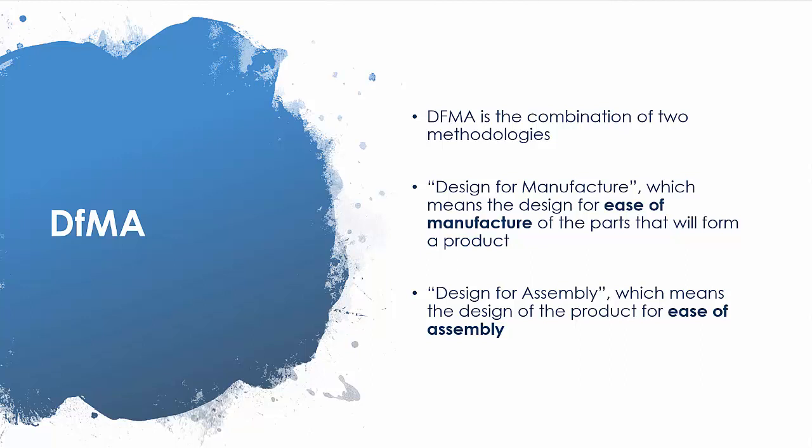So the design team also needs to think ahead as to whether what they've designed for production is going to be easy and relatively cost-free to assemble. Those two ideas together form DFMA, and DFMA is of course central to successfully executing the lean manufacturing philosophy.